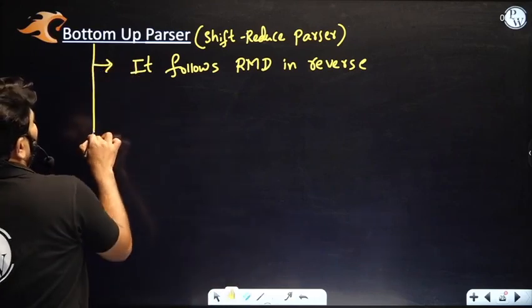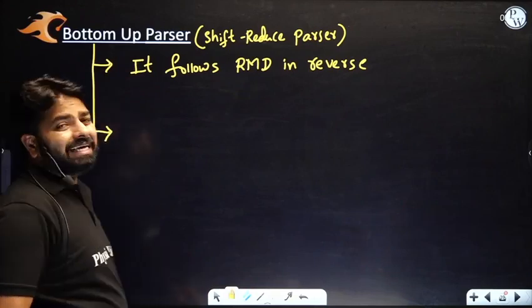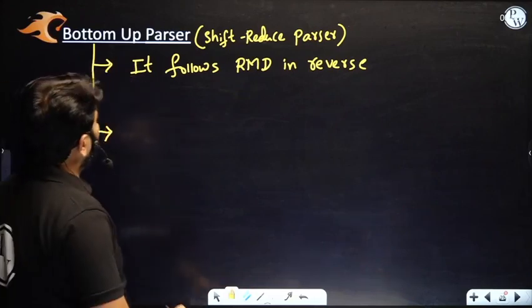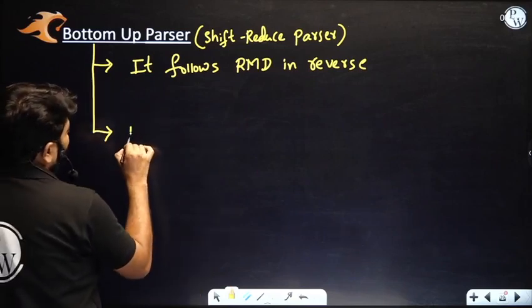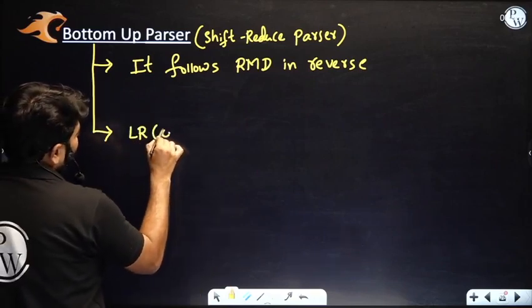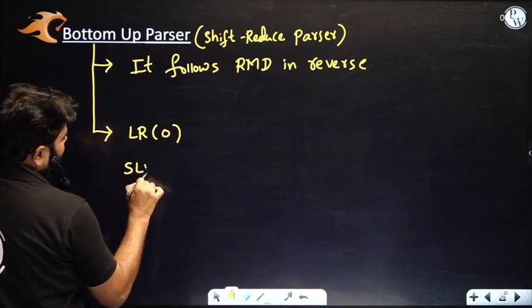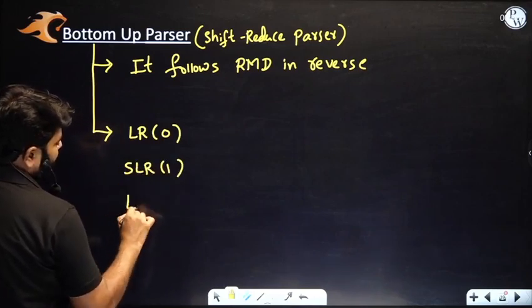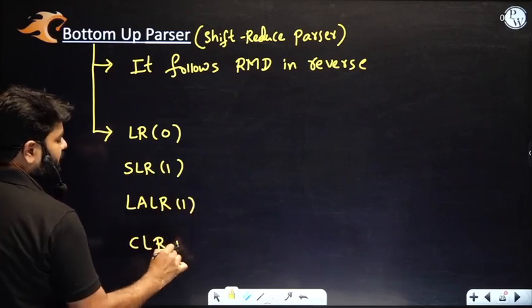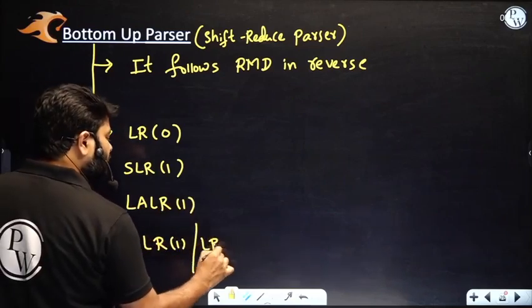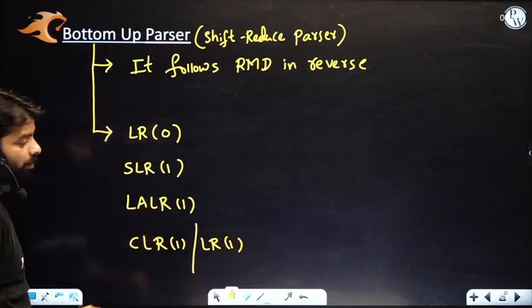When you look at bottom-up parsers, by default it is the CLR1 parser, but bottom-up parsers have many variations. We have LR0, SLR1, LALR1, and CLR1, also called LR1, and we also have the operator precedence parser.